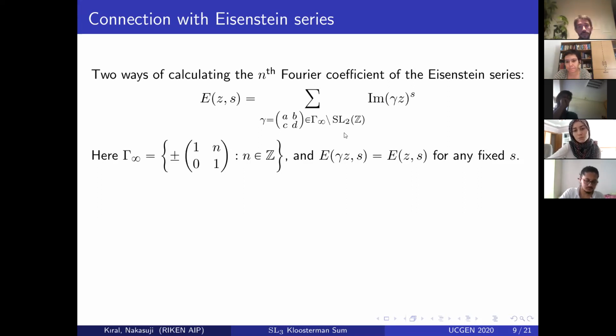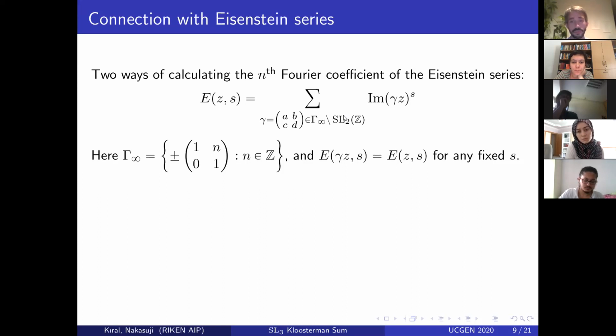So if I were summing over everything in SL2Z, I would keep repeating the same number infinitely many times, and that would not converge. Also, I don't need to average over gamma infinity because it's already invariant under gamma infinity. So I'm averaging over what's left.